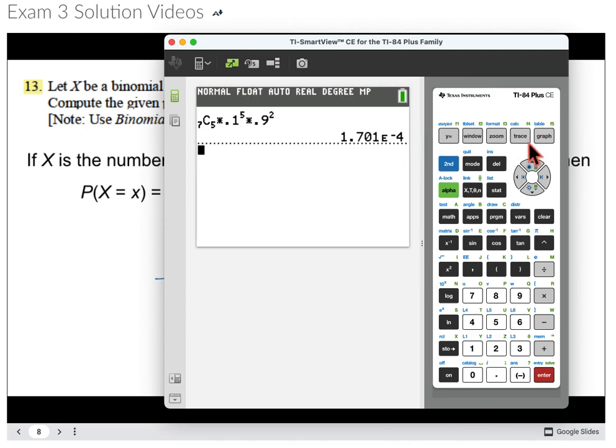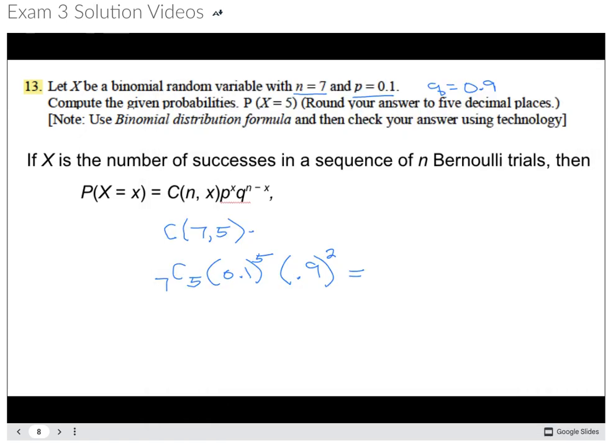But this e to the negative 4, that's scientific notation. Okay? So our answer is 1.701 e, which is times 10 to the minus 4, scientific notation. This means we take this decimal place and we move it back 1, 2, 3, 4 in this direction.